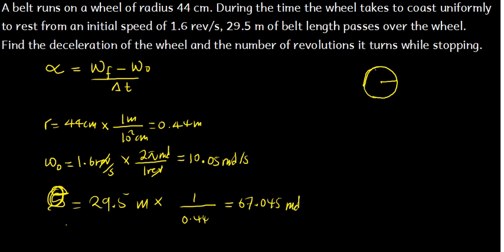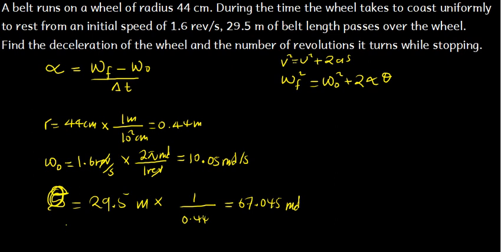Okay, now that we have got this information, I want to find the deceleration of the wheel. How do we get to find the deceleration? We know the equations of motion. We know that final velocity squared is equal to initial velocity squared plus 2as. We can as well write this in terms of angular: the final angular speed squared is equal to the initial angular speed squared plus 2, and then it becomes angular acceleration, and s becomes theta.